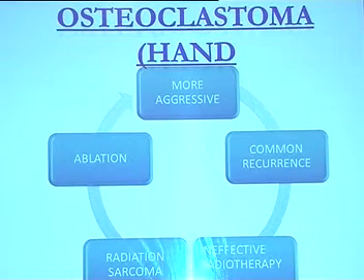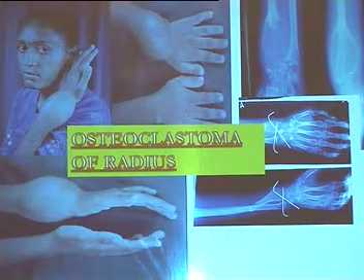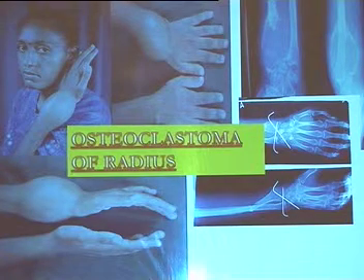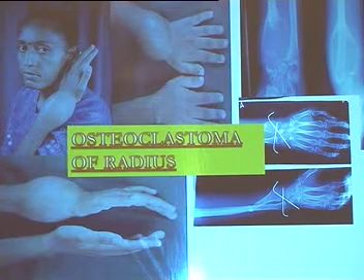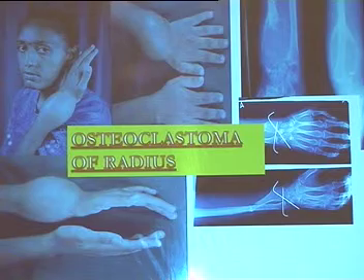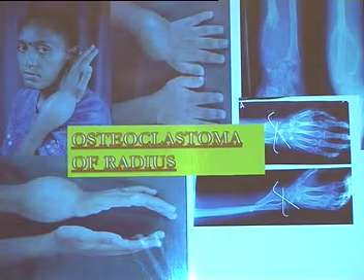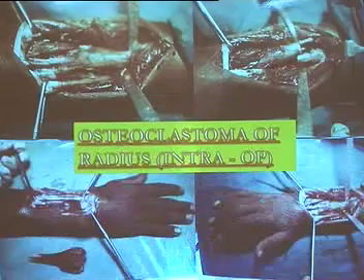Osteoclastoma, the giant cell tumor, and giant cell tumor of the tendon sheath are the two commonest tumors of the hand in our series. I had a series of 115 cases of osteoclastoma, and in that series 30% of the patients had osteoclastoma of the hand.